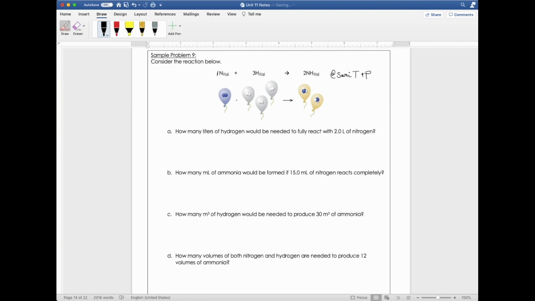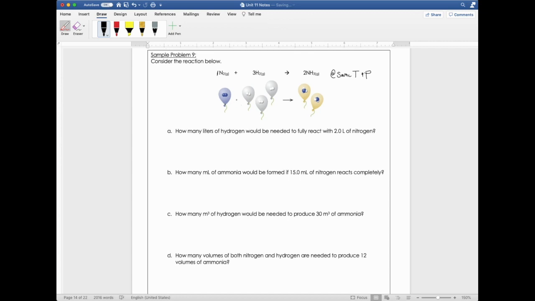So because all of these are at the same temperature and pressure, we can relate their volumes to the number of moles. Since 1 mole of this reacts with 3 moles of this to produce 2 moles of this, their volumes are also going to be in that general proportion as well.